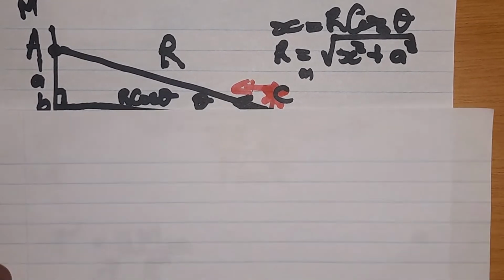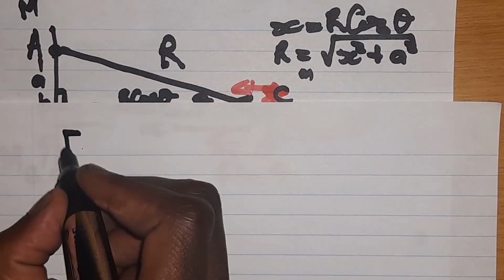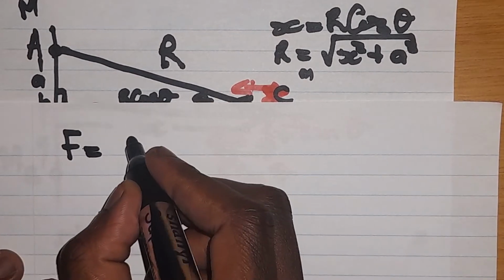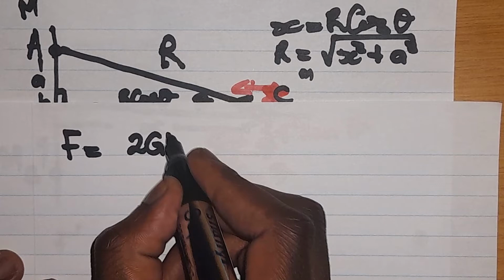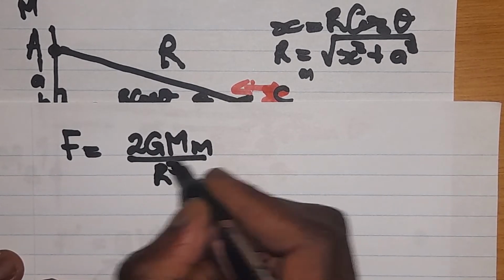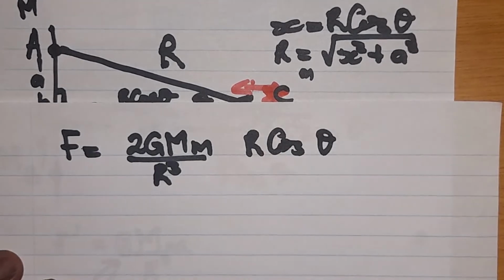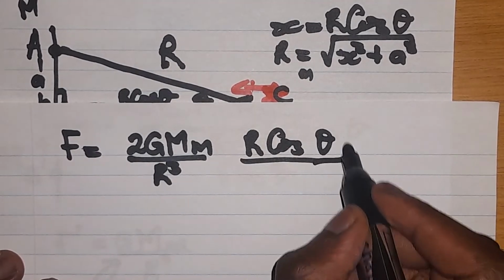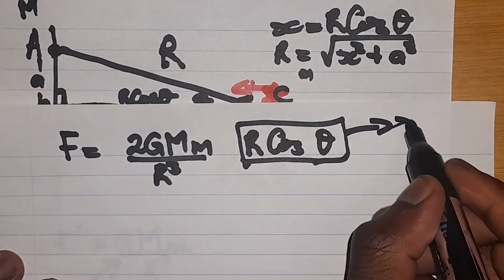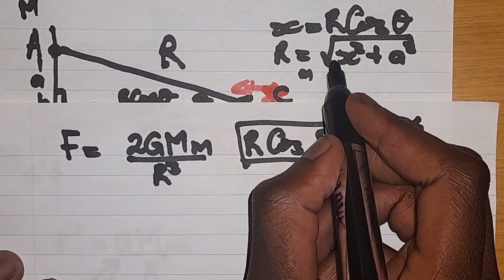Let's recall our F is equal to 2 G M m all over r cubed, times r cos theta. But we said r cos theta is equal to x, and r is equal to the root of that much.